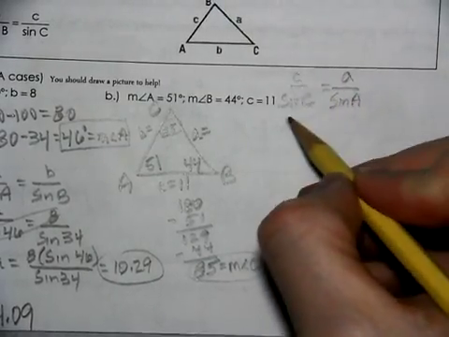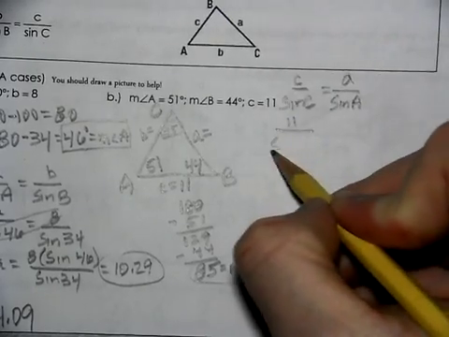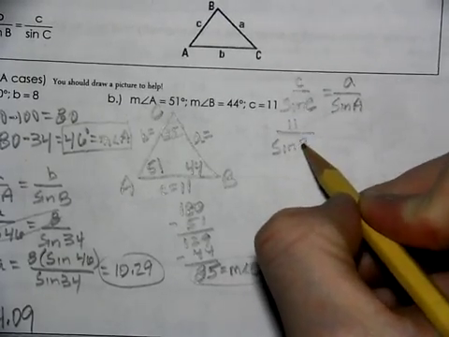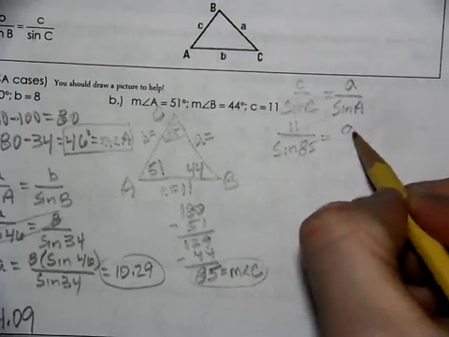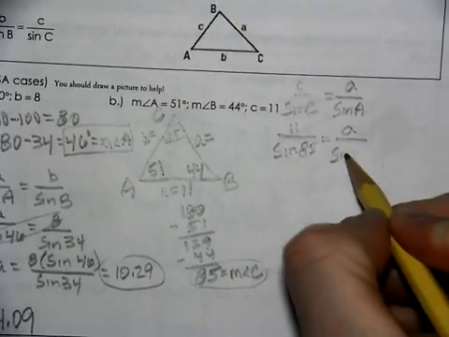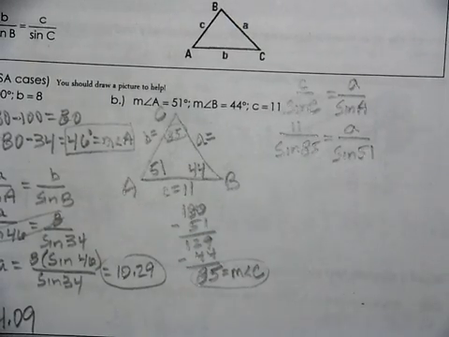So side C was 11 over the sine of 85 equals side A, which is our unknown, over sine of 51.